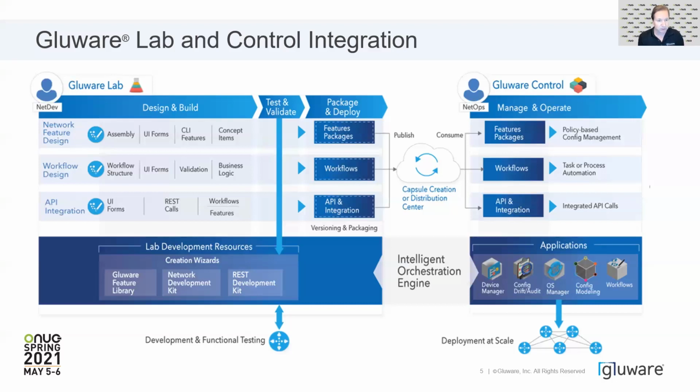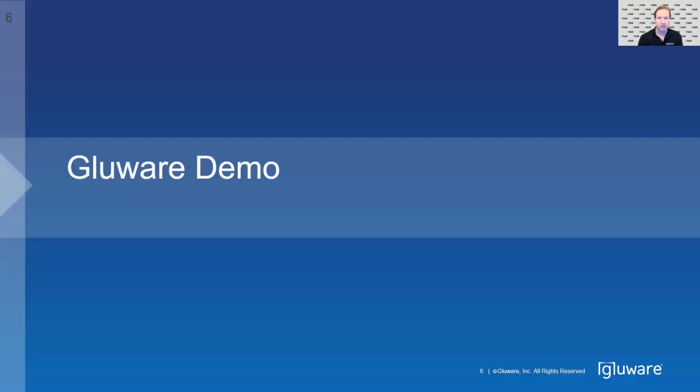Or you fall into the third category, which is really the target of this presentation, where your organization has folks that are fairly programming savvy, not afraid of some code or scripting, some JavaScript, and can take this on. They would like to become true black belts, if you will, in Gluware, to develop in Gluware Lab and publish into Gluware Control. So with that, let's move on to the demonstrations, and you'll see everything I've been talking about.